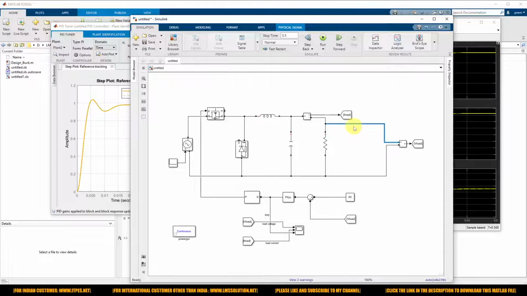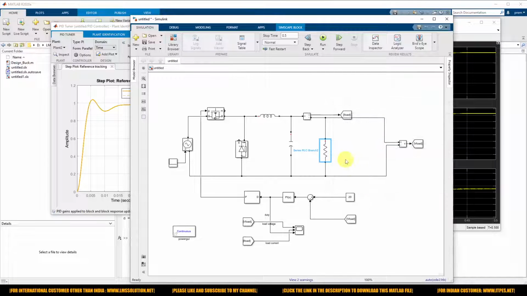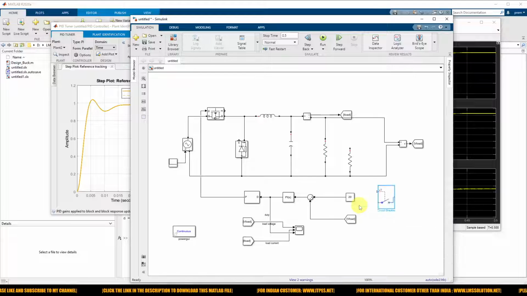Initially I'm going to consider 50 percent of load. After some time I'm going to add another 50 percent of load in the system. So here I'm going to use a circuit breaker.